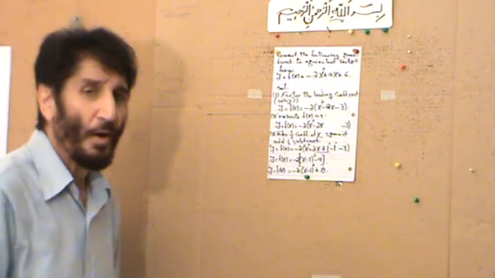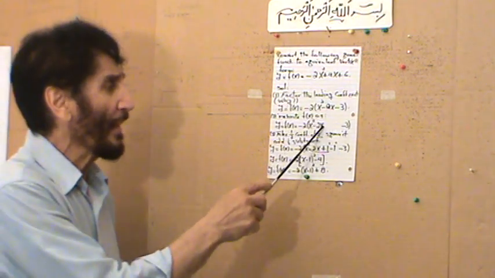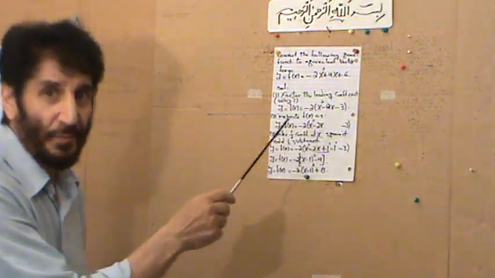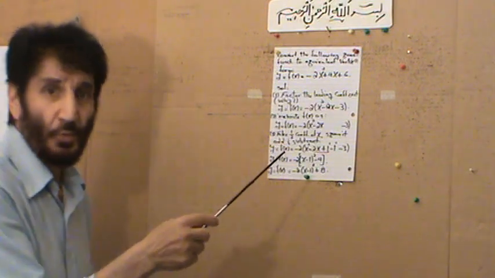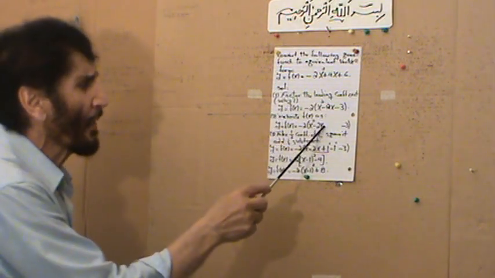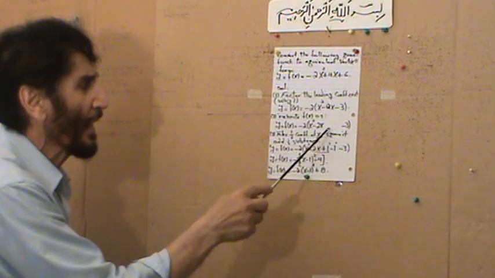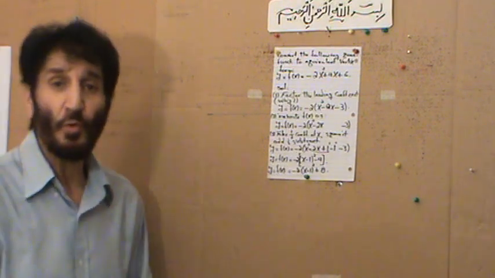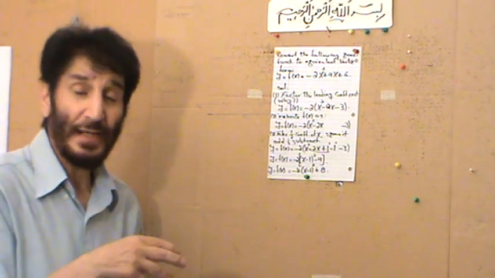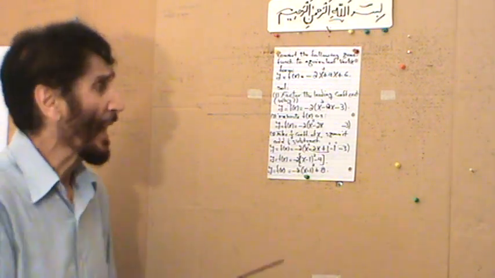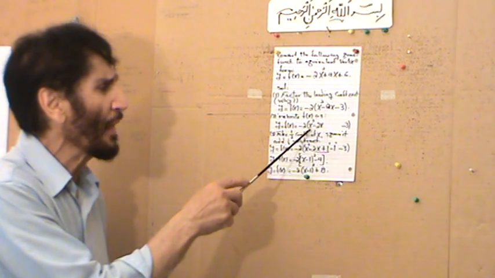All right? Now, look at what I did. I left a room here. You notice that one is large enough. Hopefully for you, I can even zoom it. I left a space here to have room for taking half of the coefficient of x, square it, add, and subtract. Half of the -2 is what?